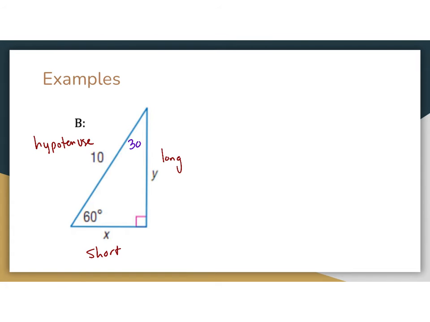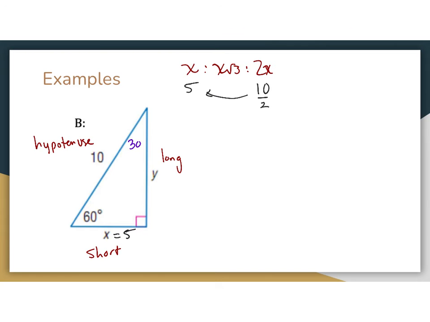Not the long leg, sorry, don't confuse the two. My hypotenuse is 10. So I merely have to divide by 2 to get my short leg. So that's going to be 5. So really easy. Short leg is 5.